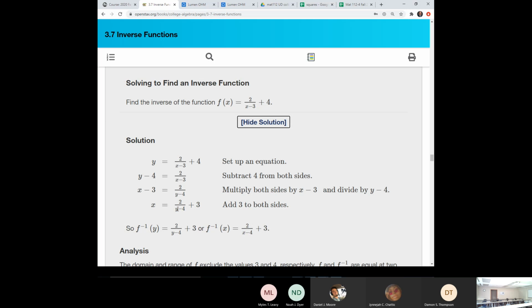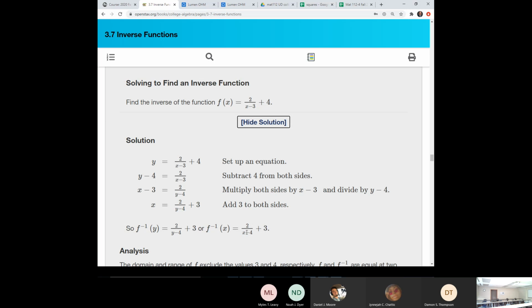See how I exchanged, made that be my input to my inverse function. It doesn't matter which letter it is. They chose to put x there just because we like to name the input x. But remember, this variable just means the input into this function, whatever number happens to be there; this is how I calculate a new function. Subtract 4, divide 2 by that, and add 3.